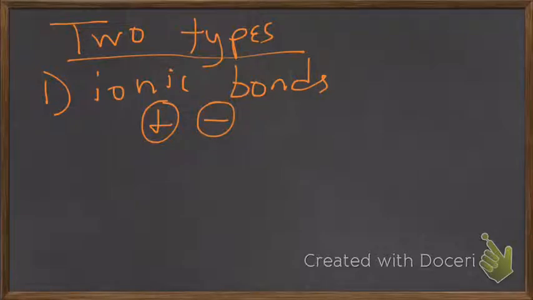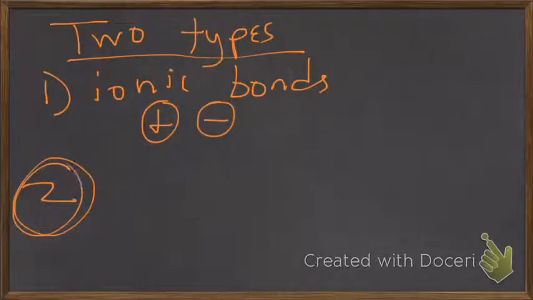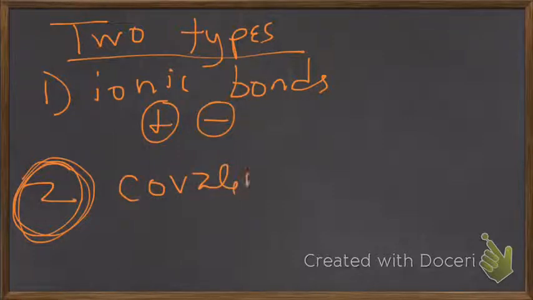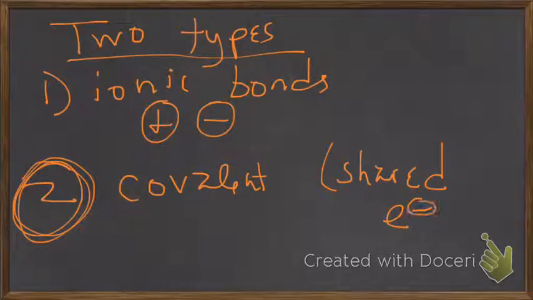That doesn't have so much to do with Z effective. The one that we're really focusing on in this part of the chapter is covalent bonding. Remember, covalent bonding is when two atoms share electrons.